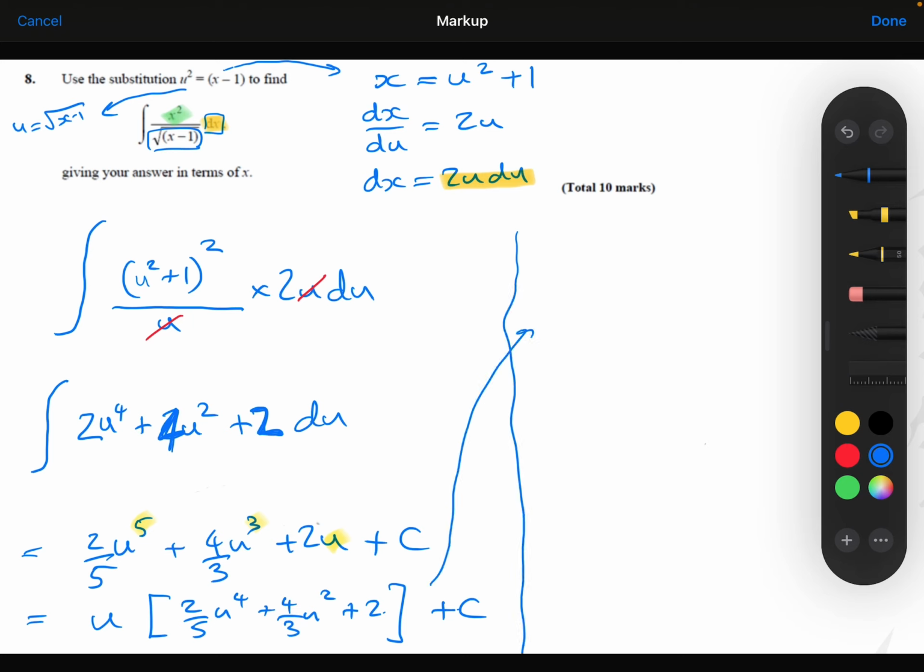I can also see that I can simplify and get a common denominator inside these brackets. So I'm going to times the first term by 3 to get 15. I'm going to times this second term by 5 to get 15. And I'm going to times the third fraction by 15.